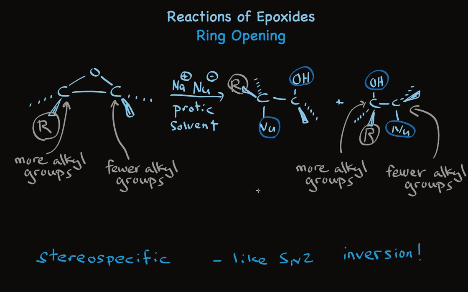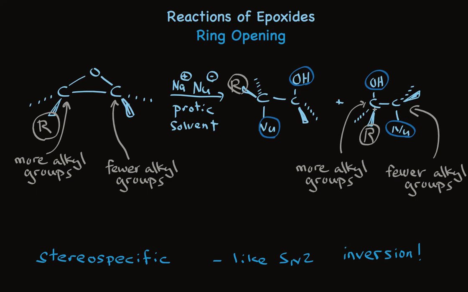Under these conditions, when we see reactions like an SN2 reaction, you probably already guessed it. The nucleophile will add to the carbon that is less substituted. So you see in the product on the right, there are fewer alkyl groups where the nucleophile is added, more alkyl groups where the OH is.